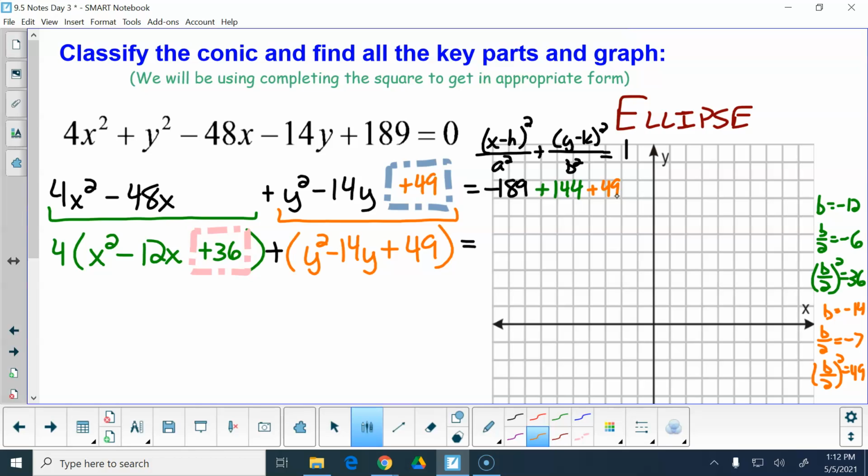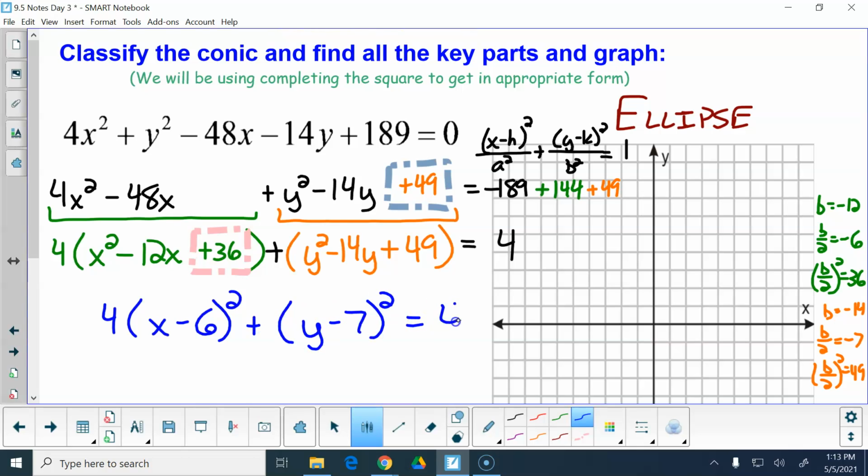Negative 189 plus 144 is negative 45, plus 49 is 4. Okay. So we're getting closer to it being equal to 1, because ellipses are equal to 1. So I would say next that this is 4 times the quantity x minus 6 squared plus quantity y minus 7 squared is equal to 4.